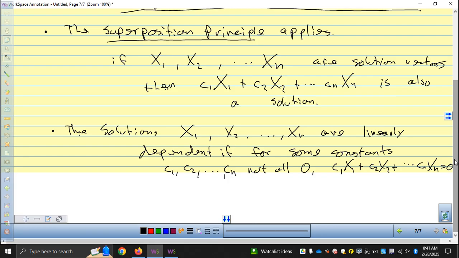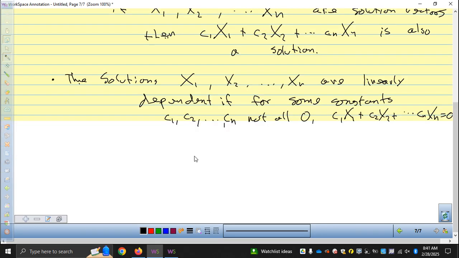And this is the same as saying one of our solutions is some sum of scalar multiples of the other solutions. If they are not linearly dependent, they are linearly independent.